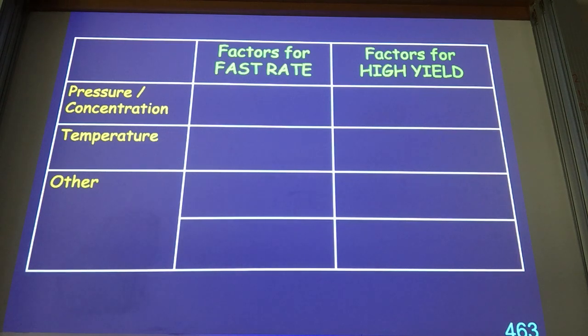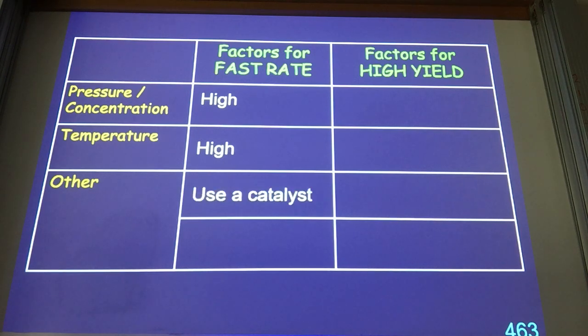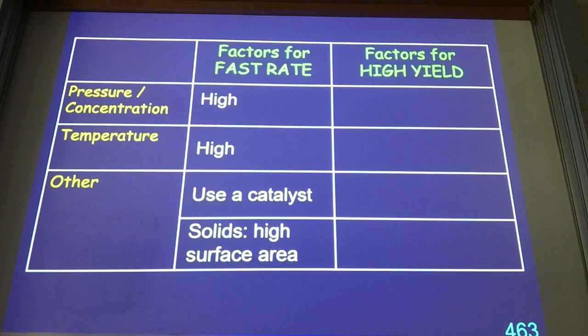So what have we got? If we want a rapid rate, what do we do? We have high pressure and concentration, high temperature. What else can we do for a rapid rate? Well, we can add a catalyst. We can have a high surface area if we're dealing with solids.